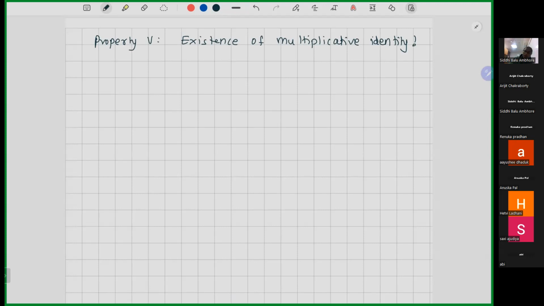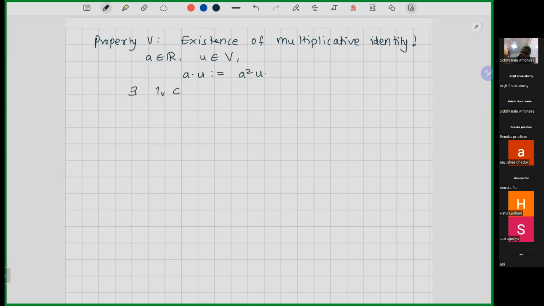This is related to scalar multiplication and how it was defined. I will write the definition of scalar multiplication again: if we take a in R and u in our set V, then a dot u we define to be a squared u.